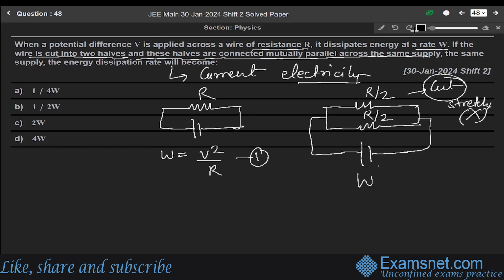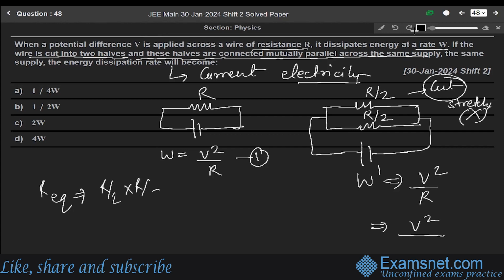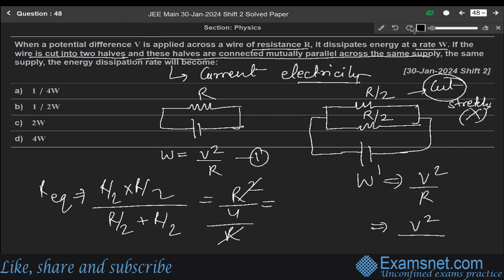So for this, the energy will be V square over R, where the two halves are connected in parallel. So R will be R by 2 into R by 2 over R by 2 plus R by 2. This equals R square by 4 over R, which means it will be R by 4.